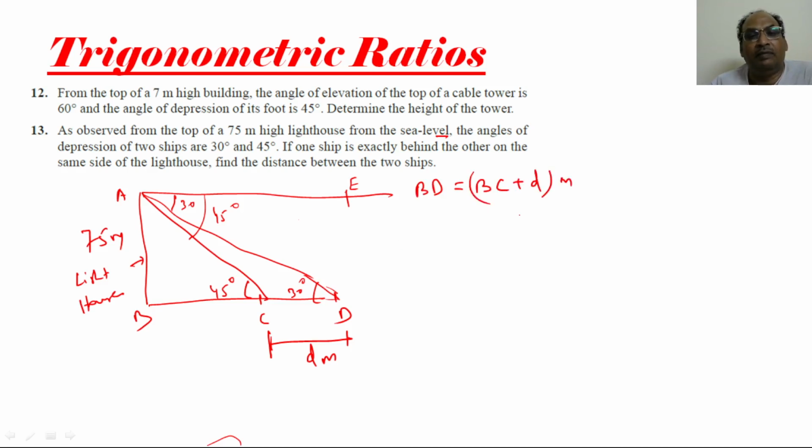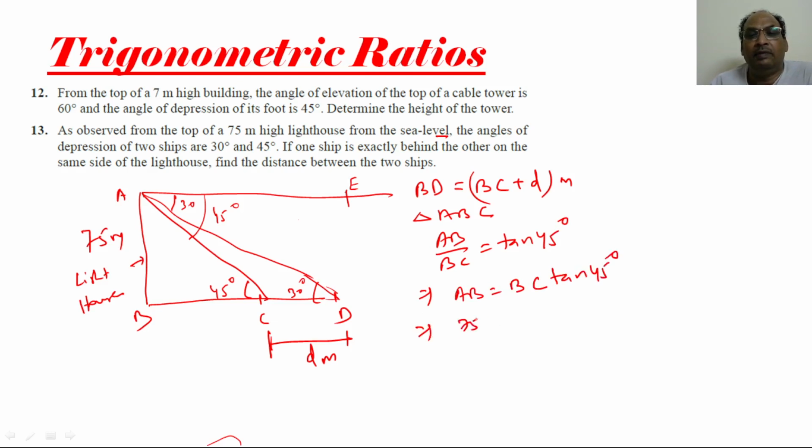BC we are not having at present, but how we can find out? See, in triangle ABC, AB by BC is equal to tan 45 degree. This one will give AB is equal to BC tan 45 degree.